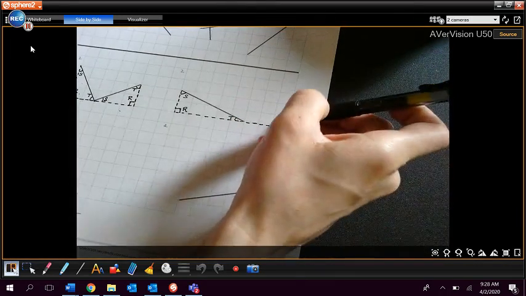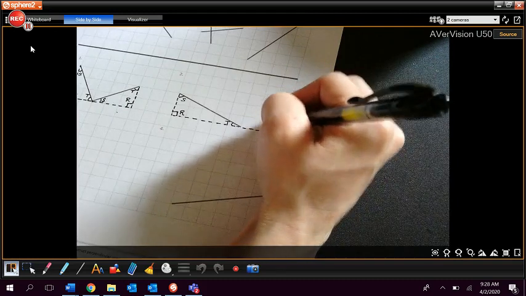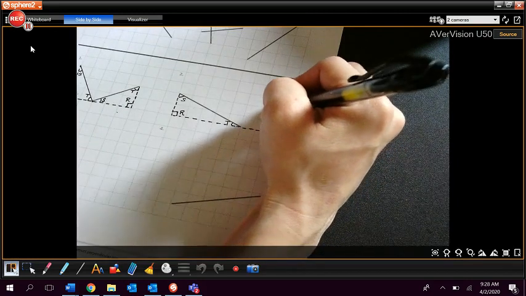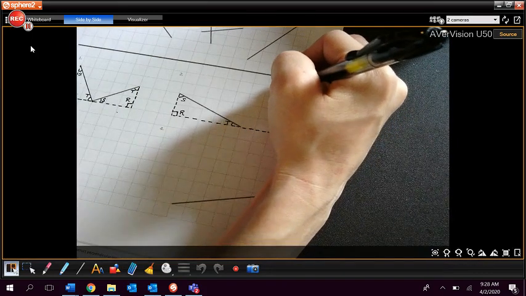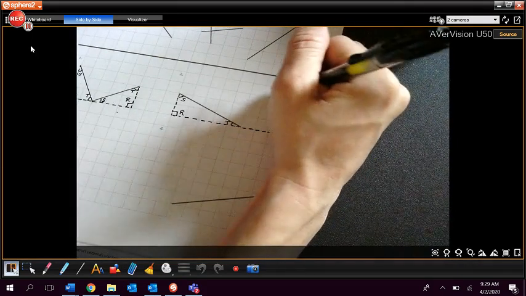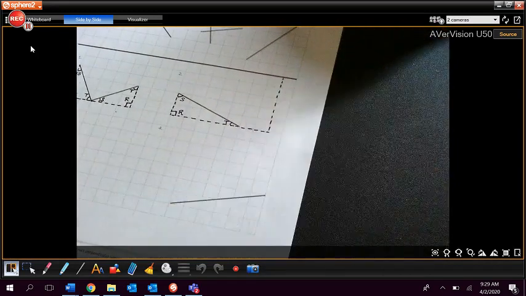And now my height is going to be 5 units. Remember, all I'm doing is rotating. So it's 1, 2, 3, 4, 5, right there.